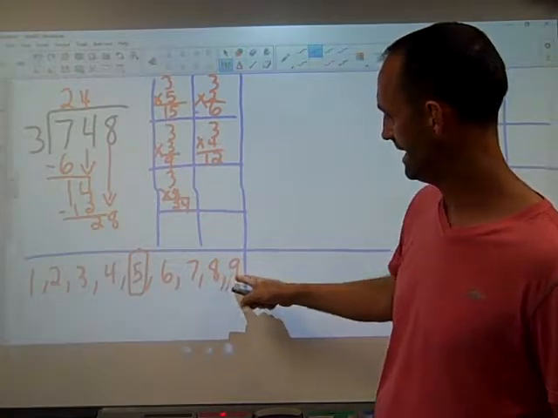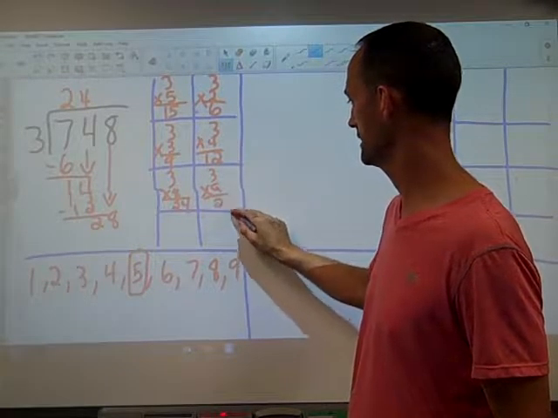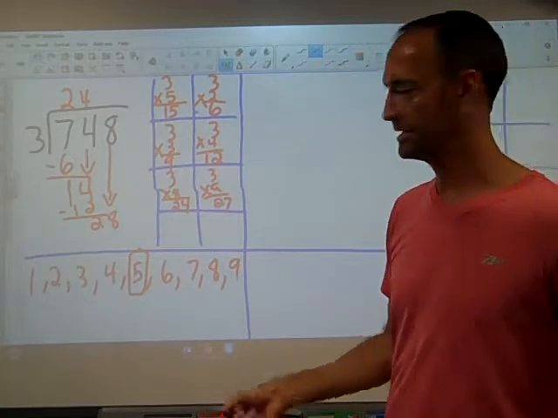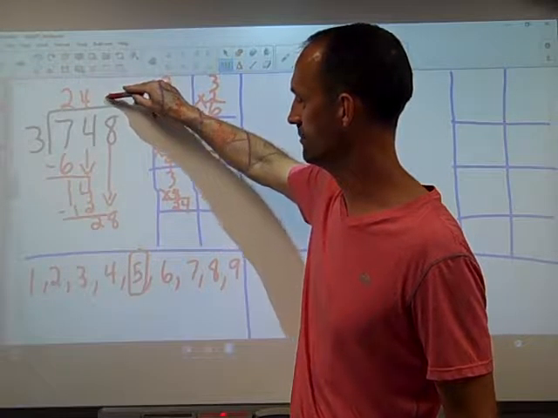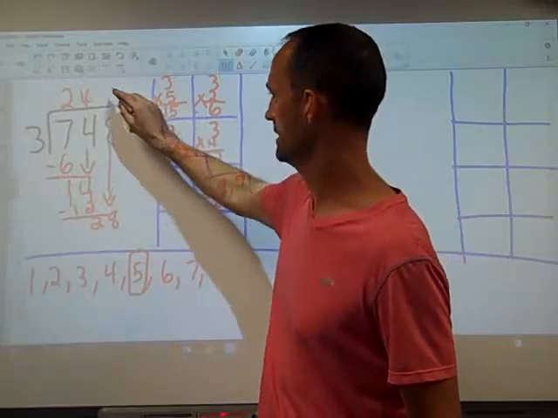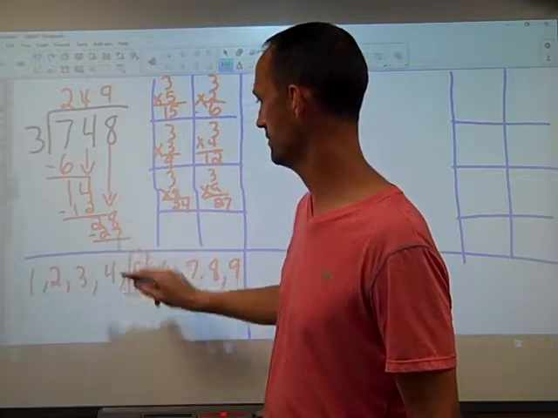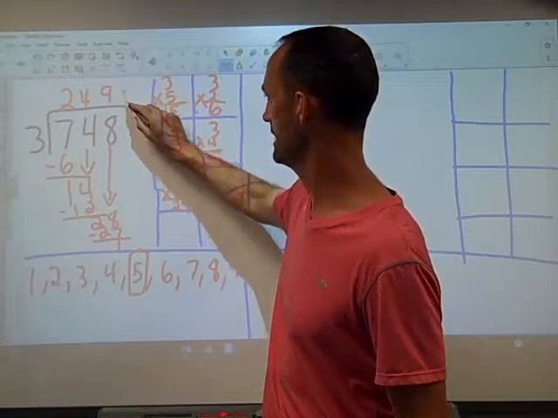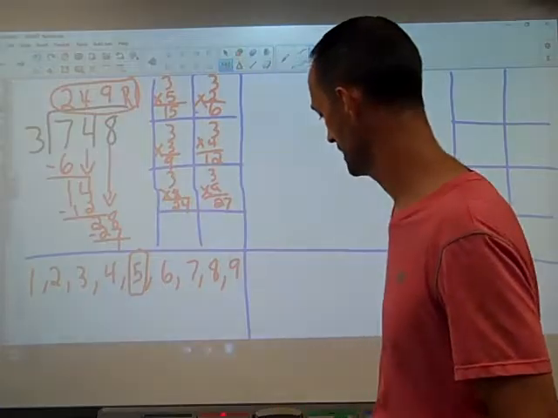My only choice left here is 3 times 9, 27. And I can't use any numbers higher than 9 because I only have one place for one digit. So I take my 9, 27, subtract, get 1, nothing more to bring down, remainder of 1.